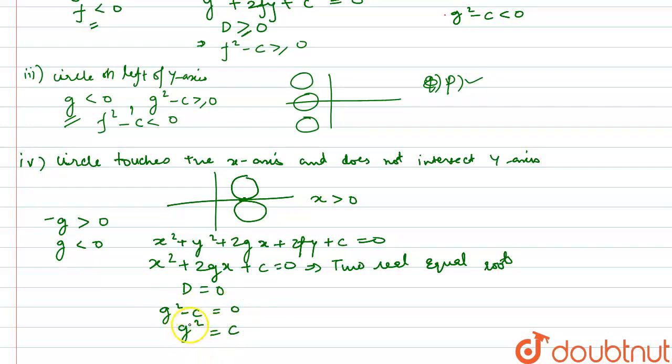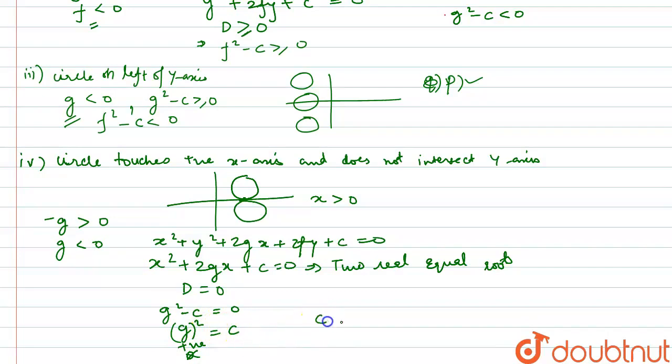Now in the LHS, we have the square of a quantity, which is always positive or 0, but here it cannot be 0 because it is not at the origin. It is on the positive x-axis. Therefore, 0 is eliminated, and here g will be only positive. So a positive square will always be positive.